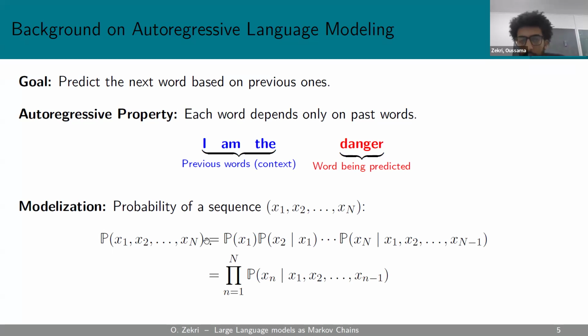But doing this is a bit hard, and the autoregressive modeling of language is the fact that you can use the chain rule to write this joint probability as a product of n probabilities. So now you just have a product of conditional probabilities, and there are two main advantages.